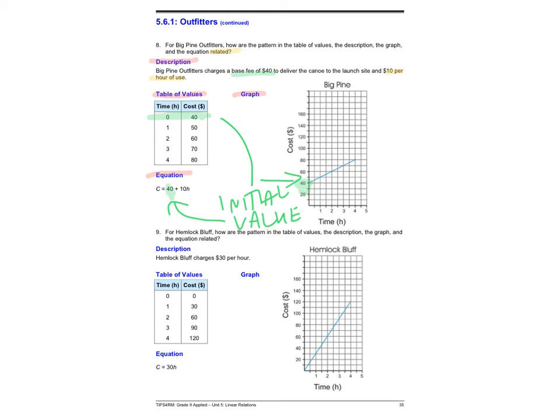So our initial value, or our base fee, can be seen in the description as our base fee, in the table of values as our cost at a time of 0 hours, in our graph as the starting point, and in our equation as the number without any letters attached to it. That is our initial value.